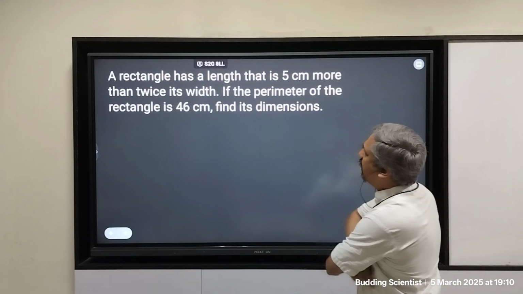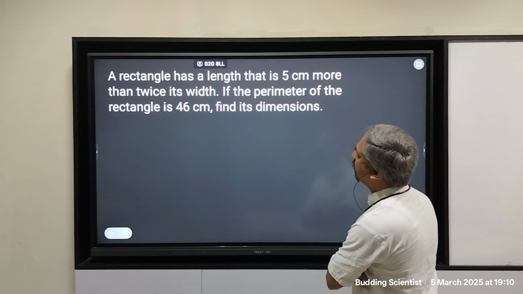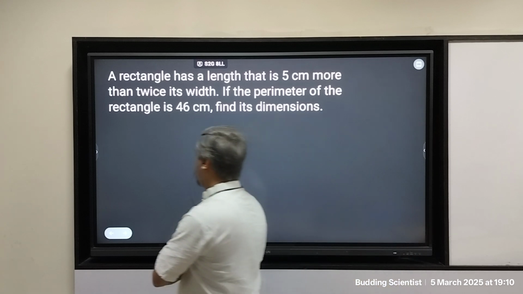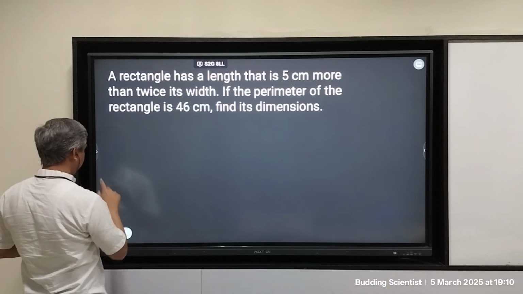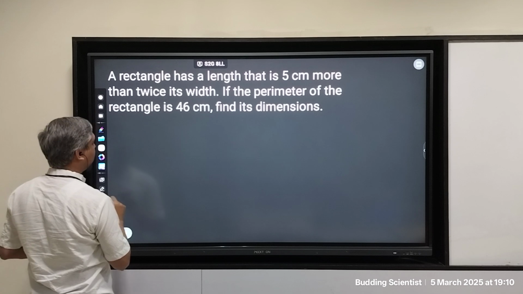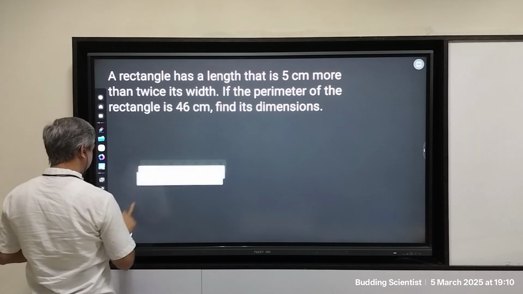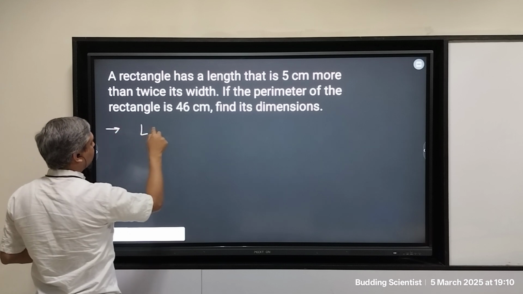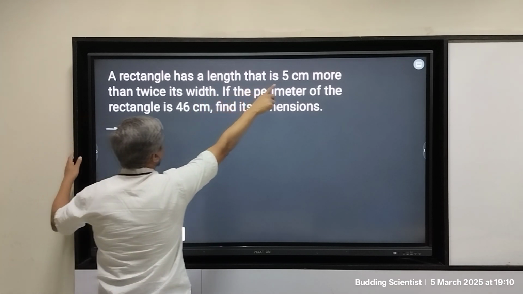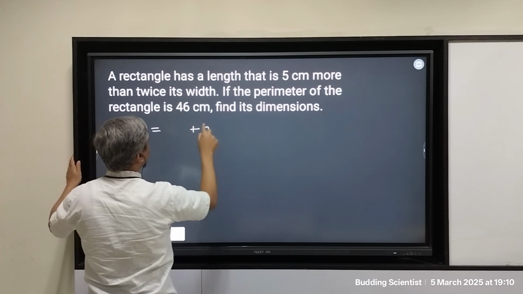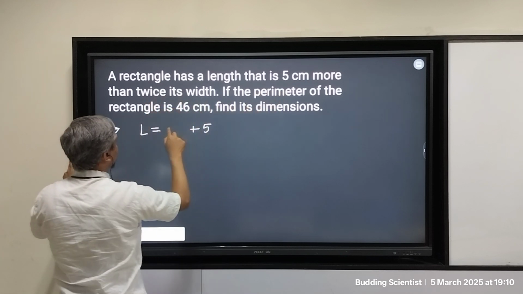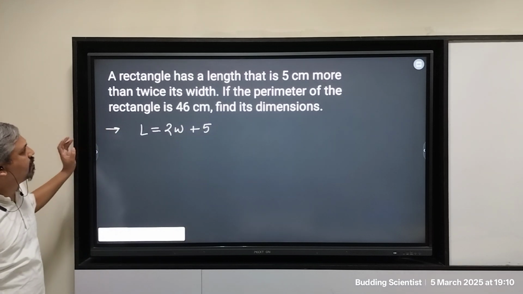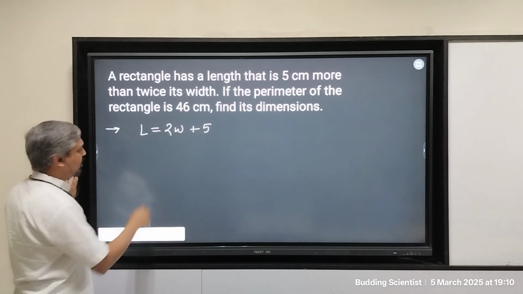A rectangle has length that is 5 centimeter more than twice its width. Okay, so the length is 5 centimeter more than 2 times its width. The perimeter of the rectangle is 46.